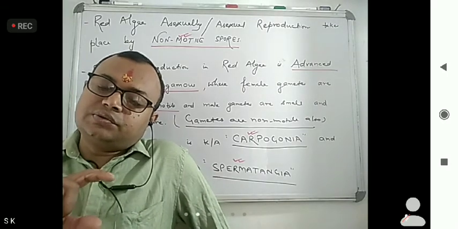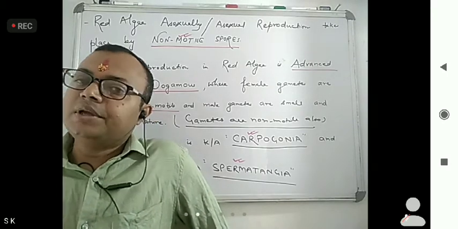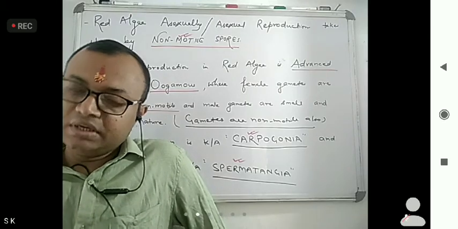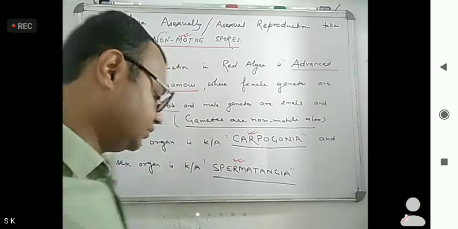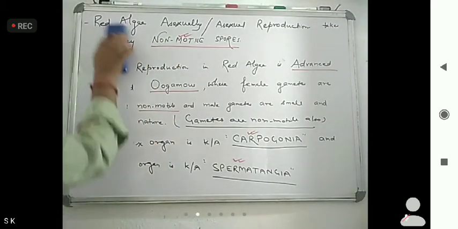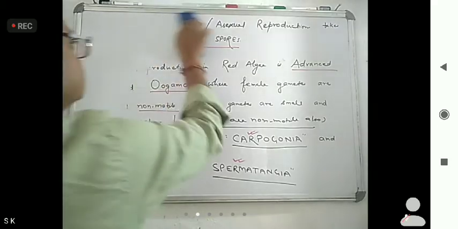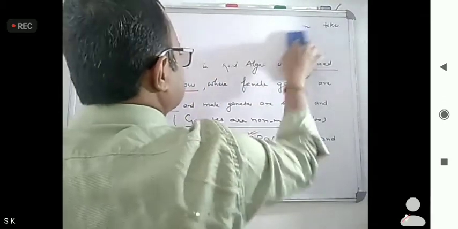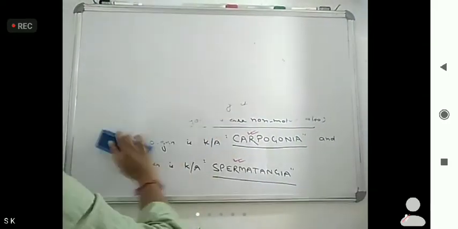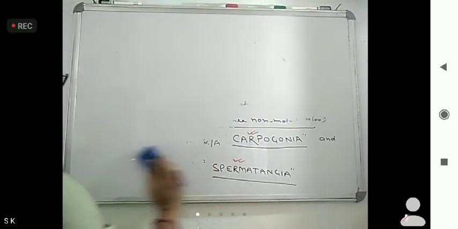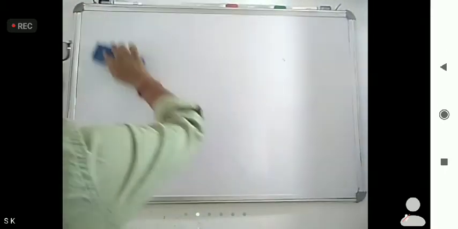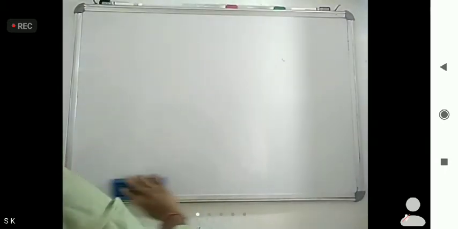Okay, now here what happens? Since sexual reproduction is advanced type, so complex post fertilization development occurs.